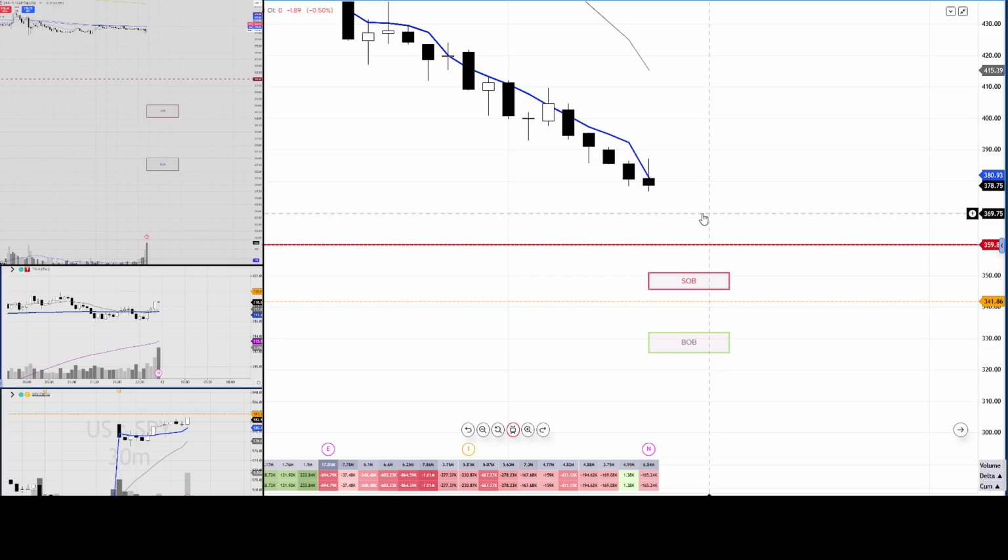So what were the major movers today, the pre-market movers? I don't know why this doesn't work sometimes. No news found. One minute.